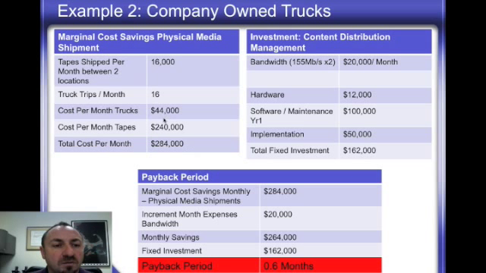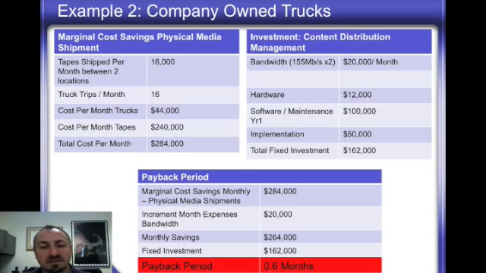So their total cost per month was $284,000 now with the tapes in the trucks. If you look at this, their total cost is $284,000. Take off the bandwidth and you get to $264,000. Their fixed investment is $162,000.